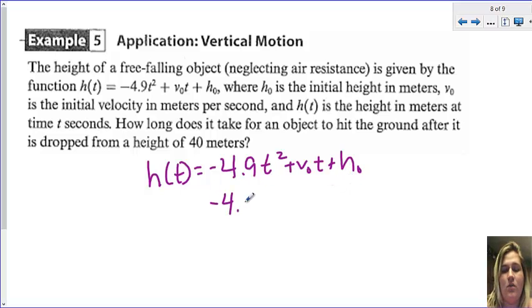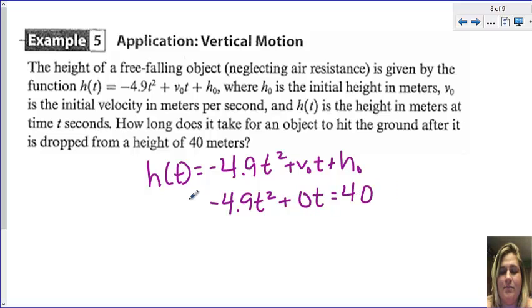So I have negative 4.9 t squared plus, and then it also says, let's see, it wants to know how long it takes for it to hit the ground after it's dropped. So we're talking about once it's hit the ground, that's going to be a velocity of 0. Okay, this is equal to h of t.